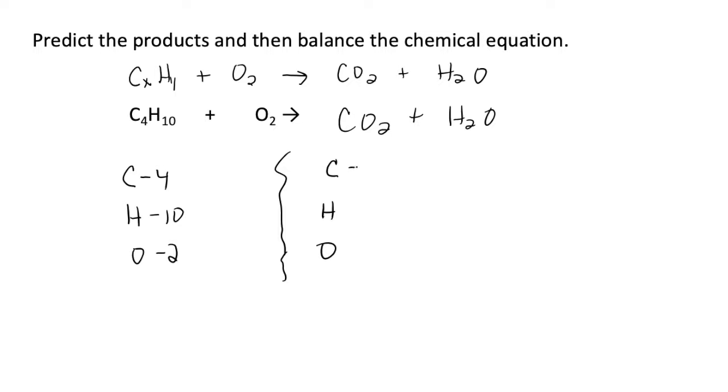For the products, we have 1 carbon, 2 hydrogen, and 3 oxygens. We have to add all of the oxygen, even across the plus signs on the products, because all of these oxygen are still in the products. So we have to make sure we account for the oxygen in the carbon dioxide and in the water.